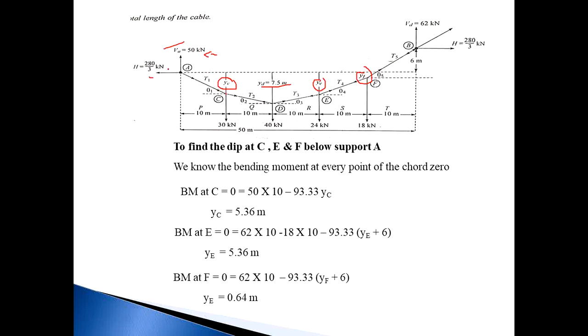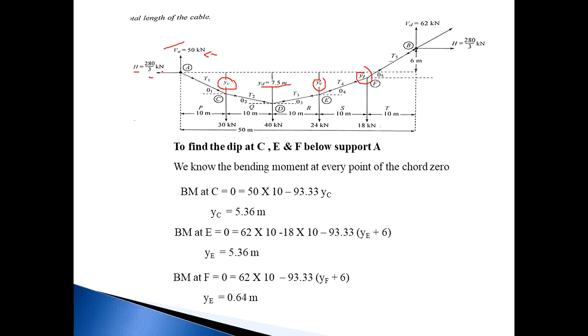With respect to C, the direction of the moment for H is anti-clockwise and for VA is clockwise. So plot anti-clockwise moment one side and clockwise moment on the other side, or consider plus or minus. First I consider this VA moment, direction of the moment is clockwise. So 50 into 10. From C to this 50 VA distance is 10, and clockwise is considered plus.